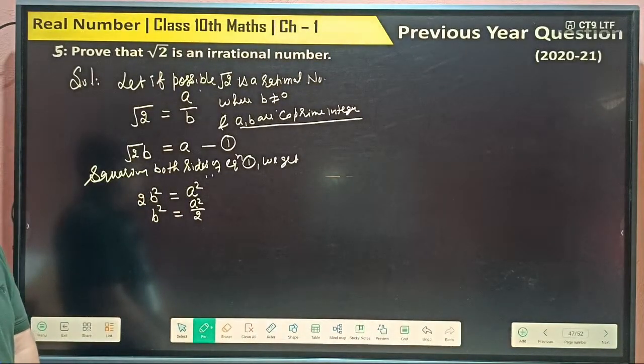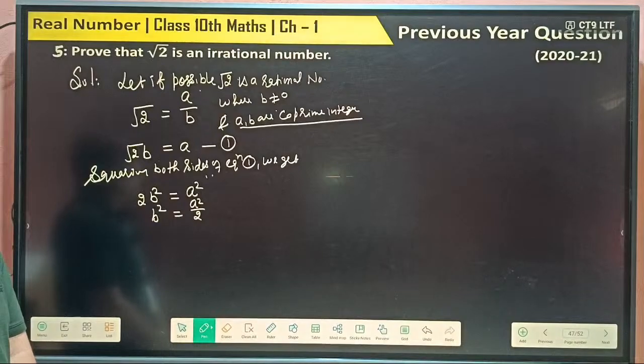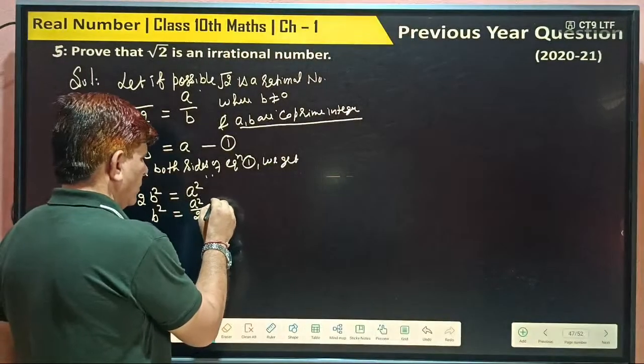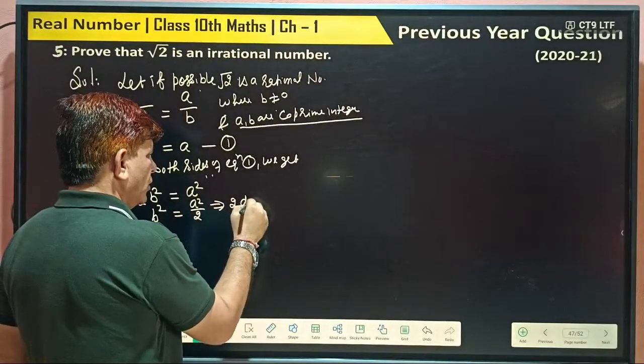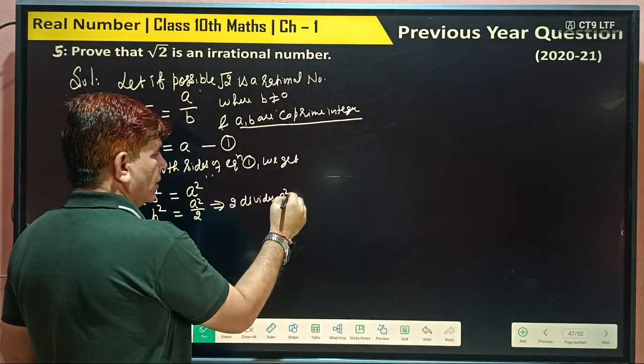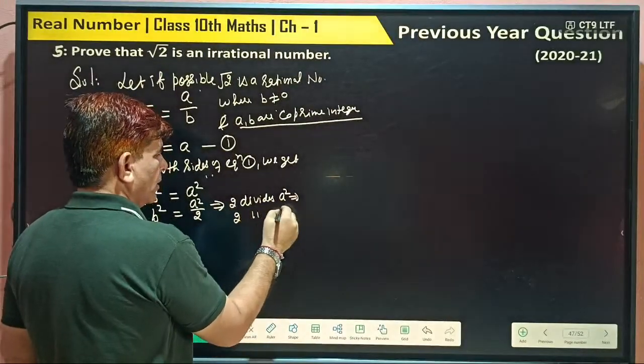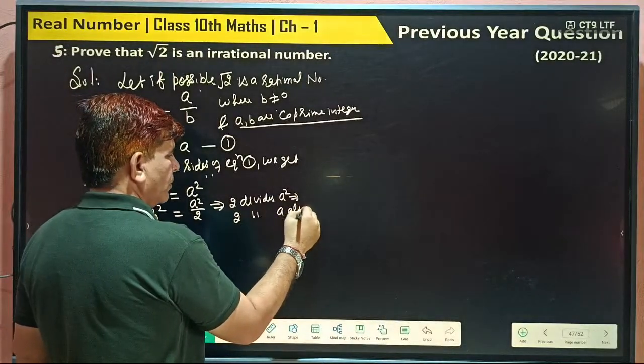Why this? This implies 2 divides A square. This implies 2 divides A also.